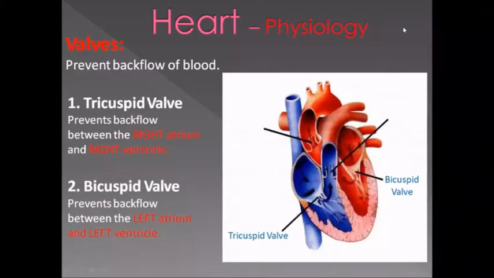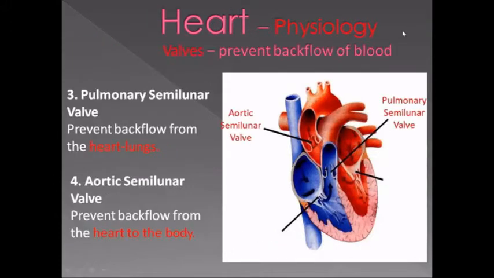As I have mentioned earlier, aside from the chambers, our heart also consists of valves, veins, and blood vessels. The main function of our valves is to prevent backflow of the blood. To be specific, the tricuspid valve prevents backflow between the right atrium and the right ventricle, while the bicuspid prevents backflow between the left atrium and the left ventricle.